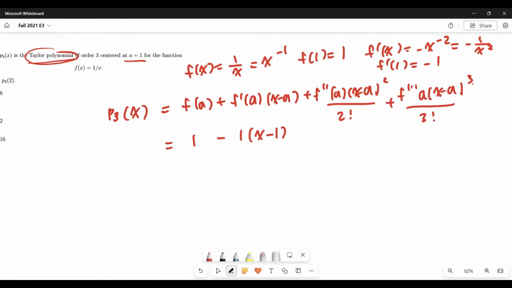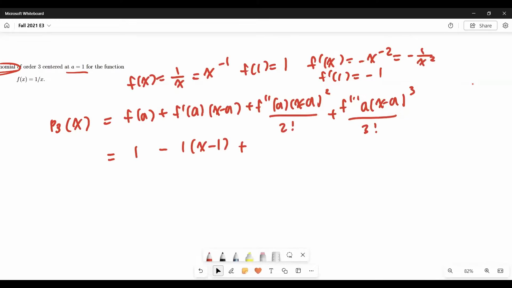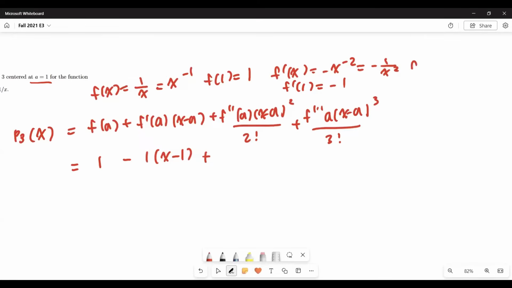Plus, we want to find the f double prime. F double prime of x is 2x to the negative 3, because negative 2 comes down and we subtract 1. So f double prime of 1 is just 2, right?